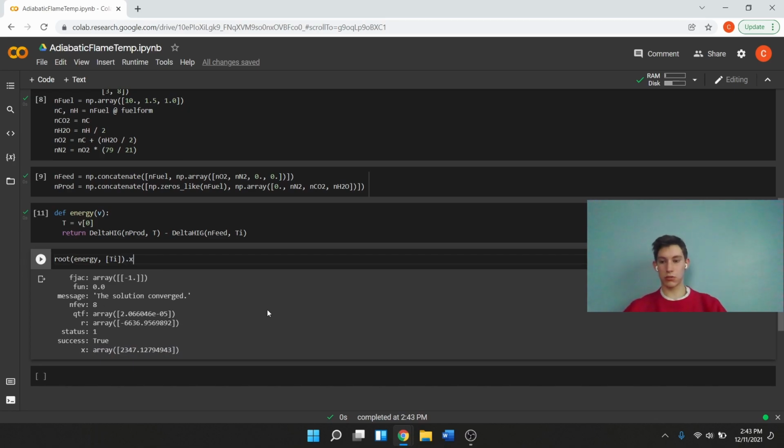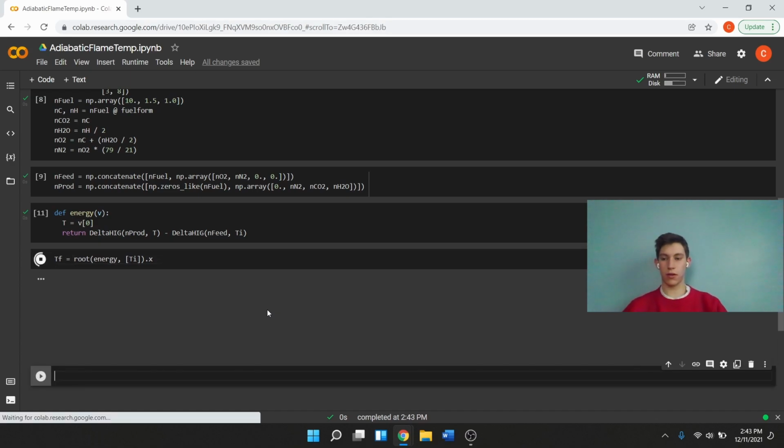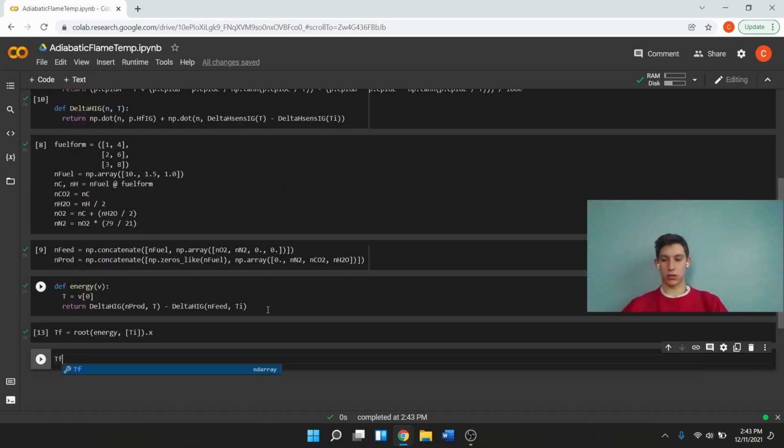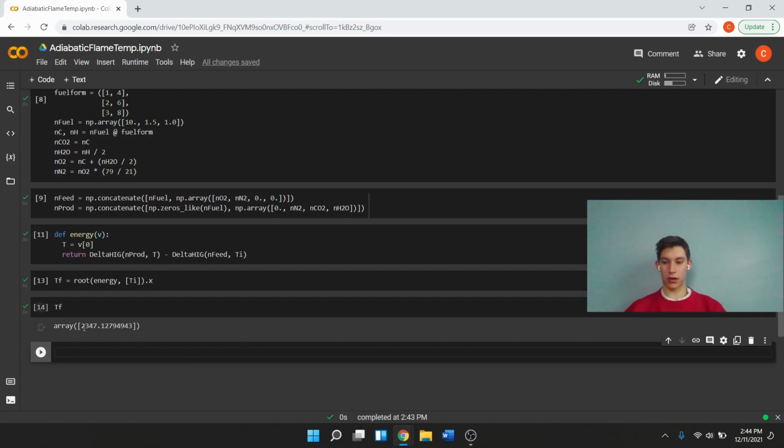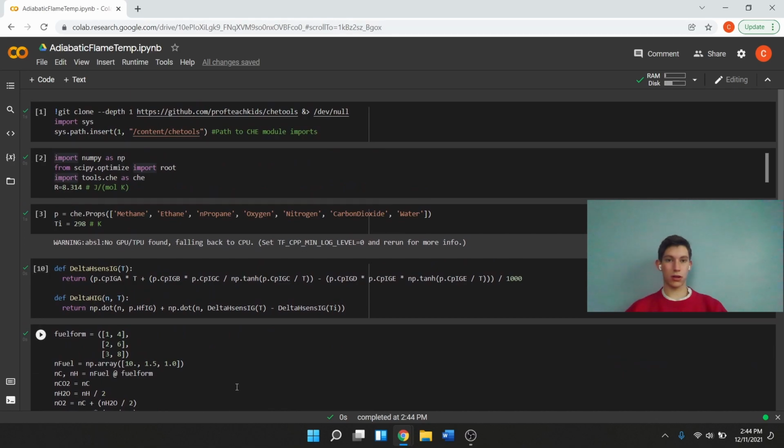If we would want to store this as a variable, we could just call it final temperature. So if we call it, it's still an array, but it's 2,347, and this is in Kelvin. So yeah, thank you.